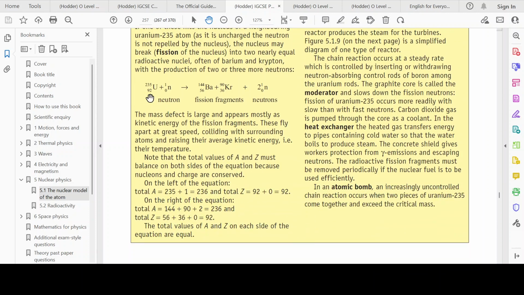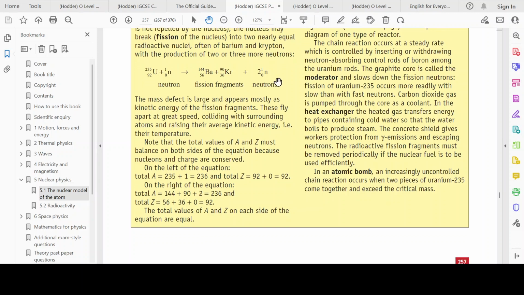Okay, so you've got uranium 235. It's been hit by, so this neutron is the one that's coming in from the original atom, right? So it's hit with a neutron, and so you have barium and krypton, right? And it's releasing two further neutrons, right?